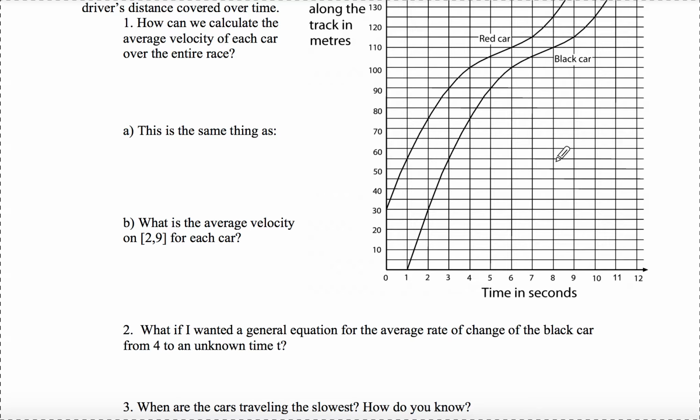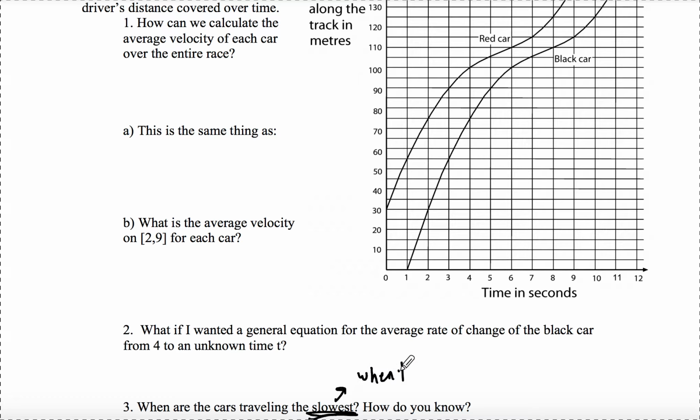All right, well, if the average velocity is measured by a slope, and we're thinking about velocity as slope, slowest would mean our slope is actually small or pretty flat. And that would be correct. When are the cars traveling the slowest?